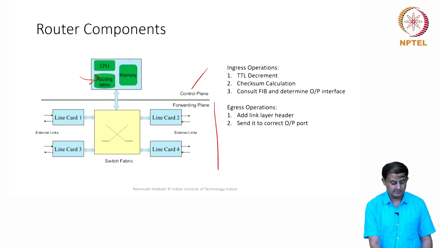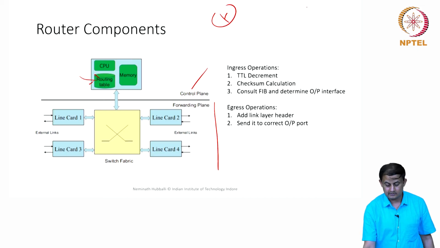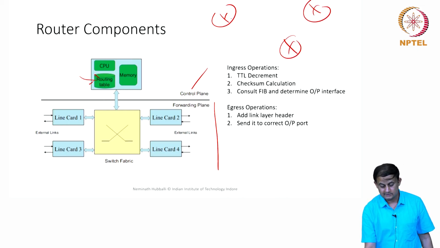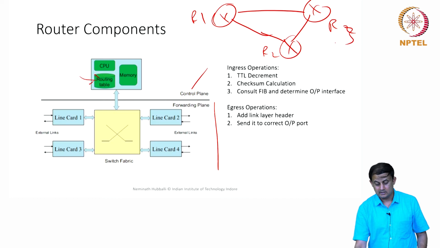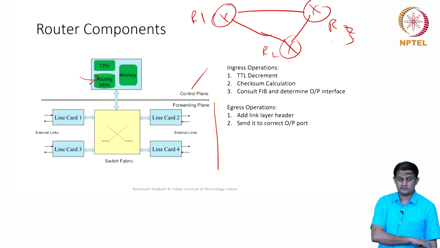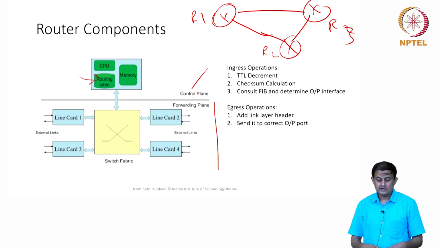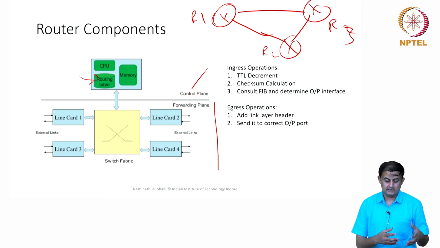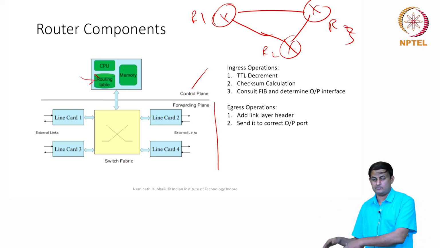This routing table is being updated. I have a memory and CPU, and typically every router keeps exchanging routing updates with its peers. So R1 sends its routing table to R2, and R2 sends to R3, and R3 sends to R1, R1 sends to R3, and they keep exchanging this information, which tells them whether they have connectivity to this route, this prefix, that prefix.